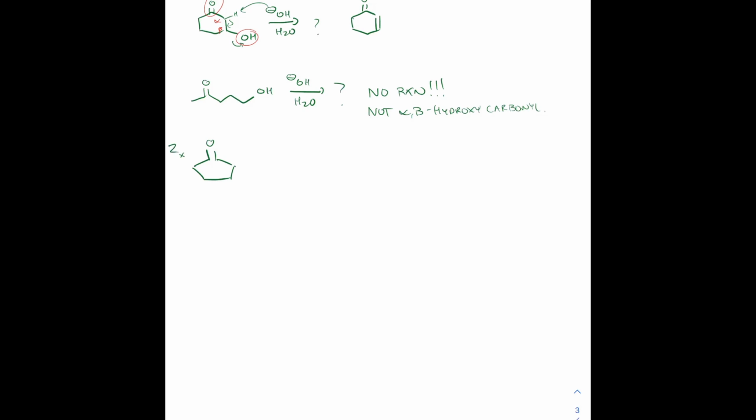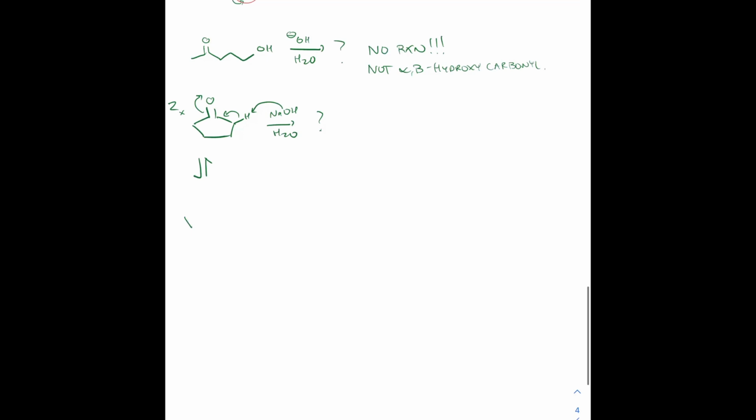So let's take a look at this reaction where we have cyclopentanone times 2. So we got 2 of these guys in the presence of sodium hydroxide and water. Now, what's going to happen? So the aldol condensations that we've gone over were aldehydes, right? But I did say that we can do this with ketones, and we can do this with 2 of the same ketone as well. And so the same mechanism to start as anything else, removal of the alpha hydrogen to get the enolate.